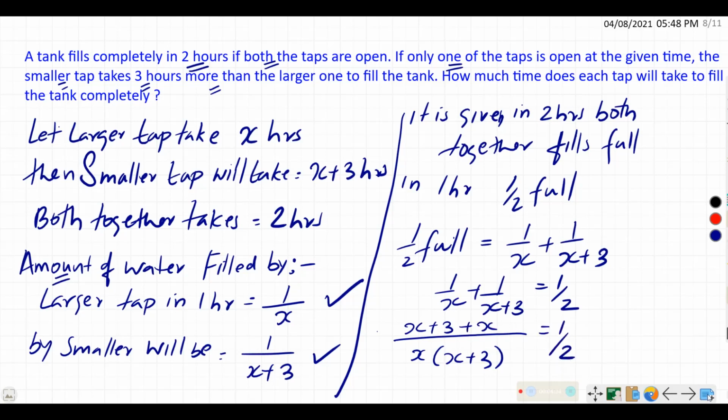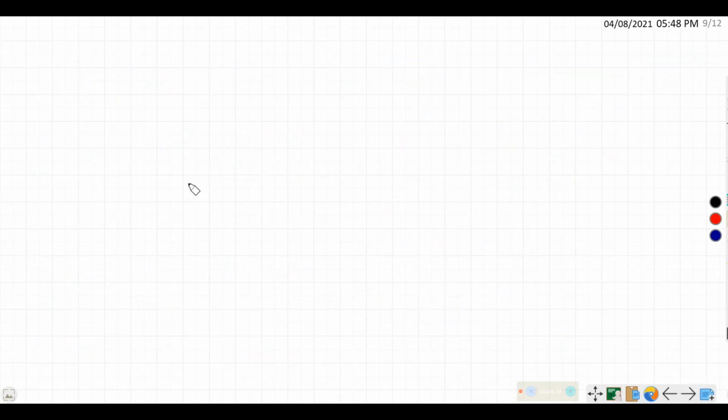We got the idea from both together taking 2 hours to fill up, and individually how much part of the tank each fills in 1 hour. I am rewriting it again: 2X plus 3 upon X square plus 3X is equal to half.